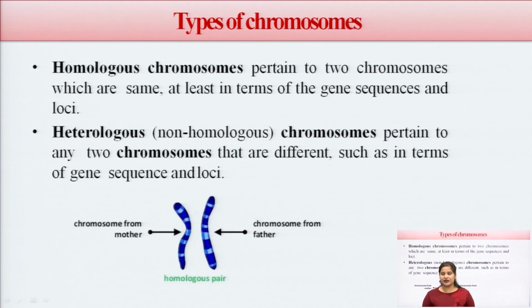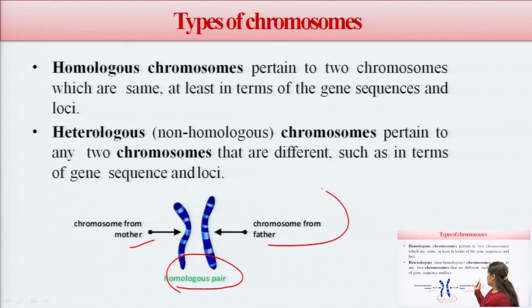And what is heterologous? Heterologous means different, pertaining to any two chromosomes that are different, such as in terms of gene sequence or loci. So, here there is a homologous pair, meaning one chromosome from the mother and one from the father, and both chromosomes are identical to each other in gene sequencing or in the condition of the loci. So, this is the structure of the homologous pair.